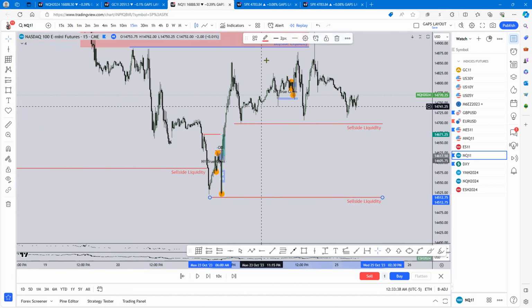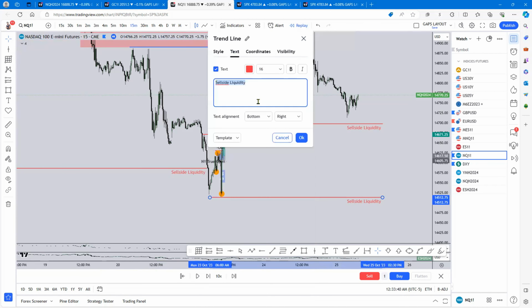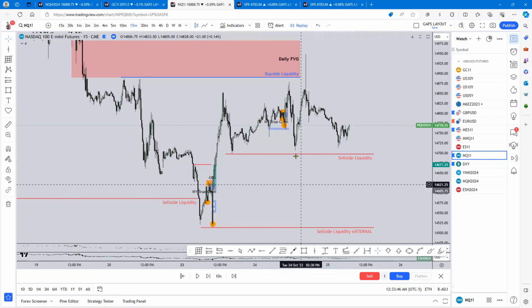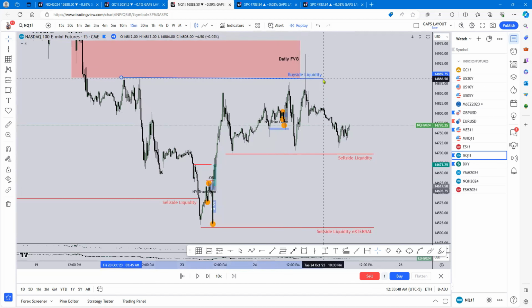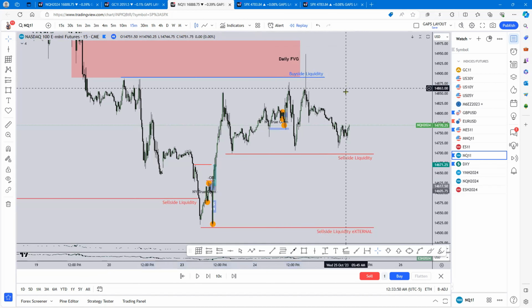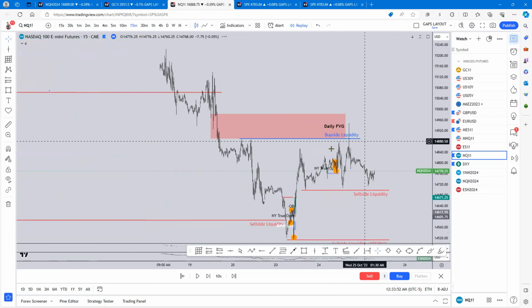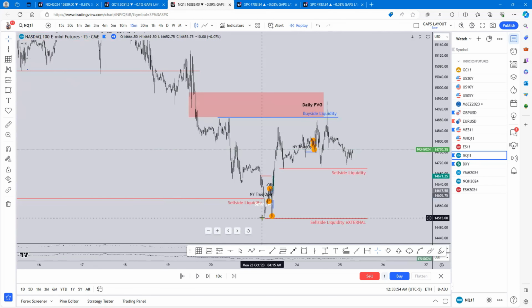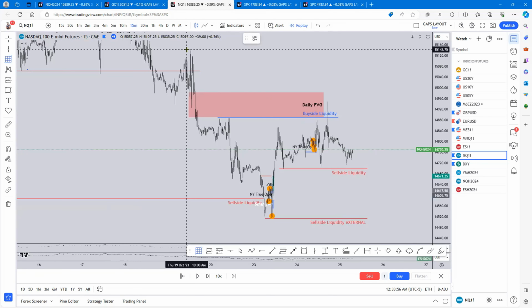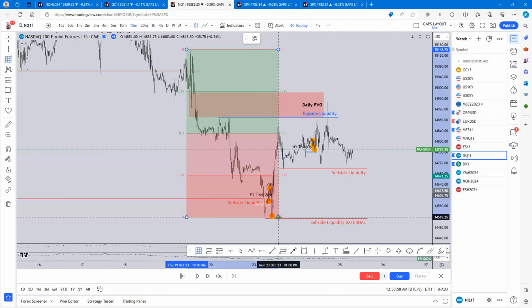So this is our external range liquidity. Right. We are bearish. Right. So this is internal. Because from this high to this high, we measure this high to this low.